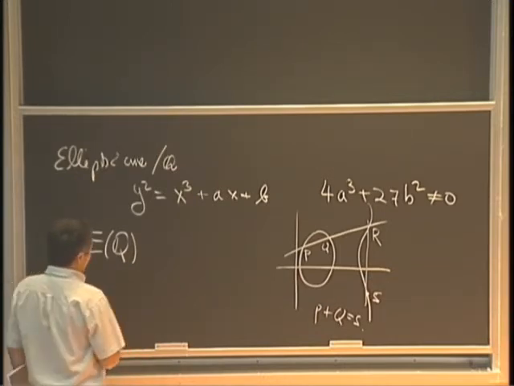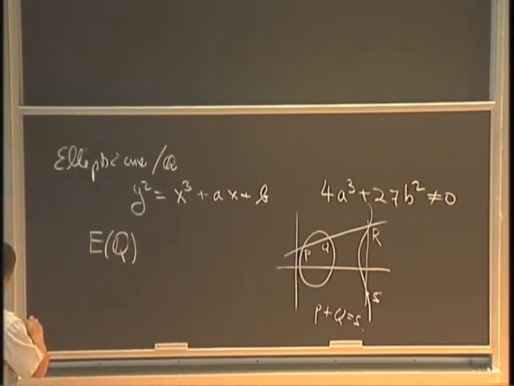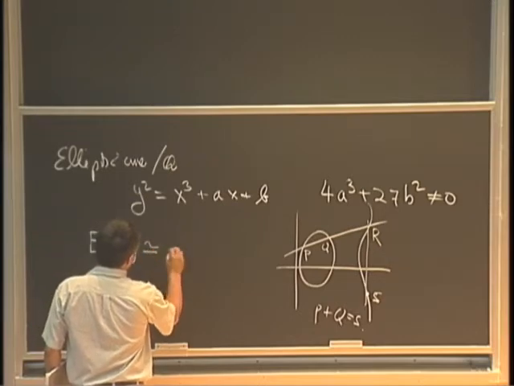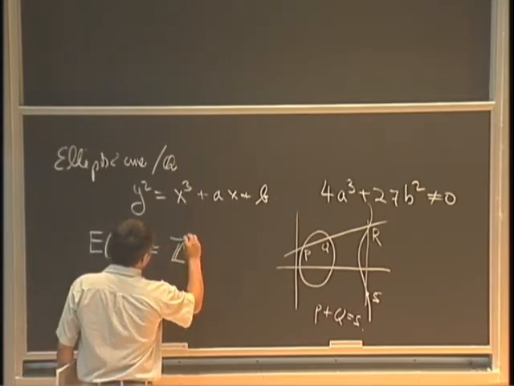It was conjectured by Poincaré that the group of rational points is finitely generated. This is actually the theorem proved by Mordell in the 1920s.